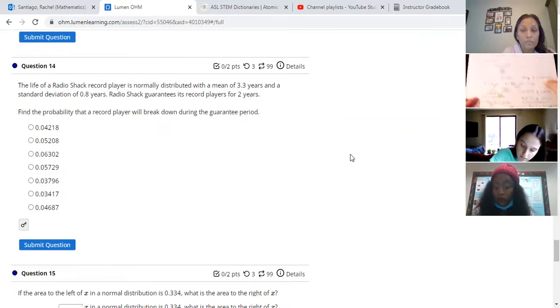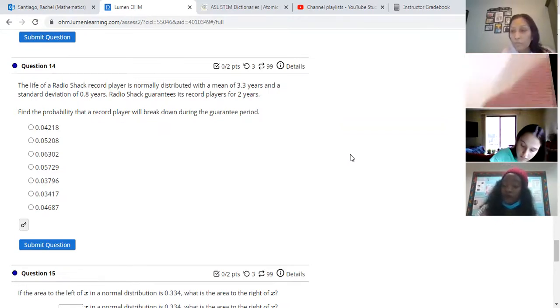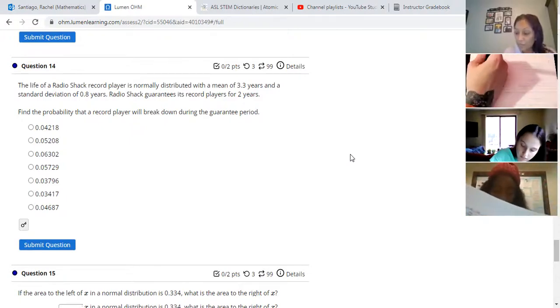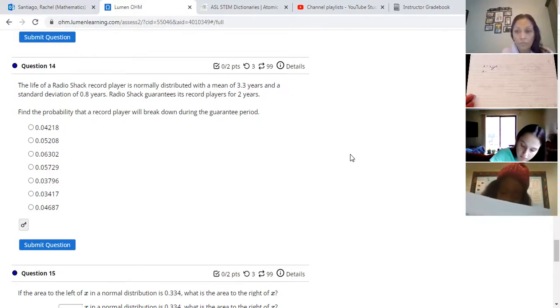So your formula, you're going to essentially use this same thing. Z is equal to X minus mu over sigma, where we don't know Z. We do know that X is going to be 2. So we want to see the probability that the player will break down during the guarantee period, which is 2 years or less.